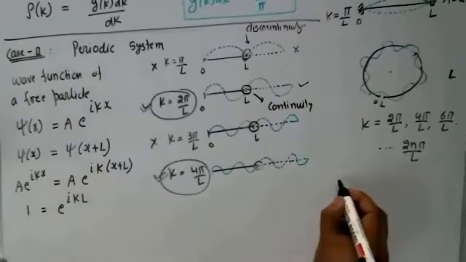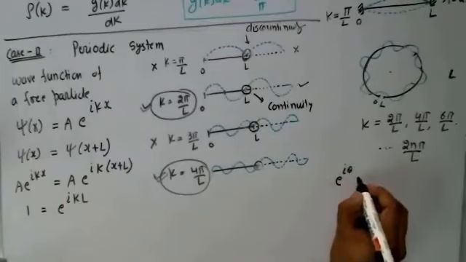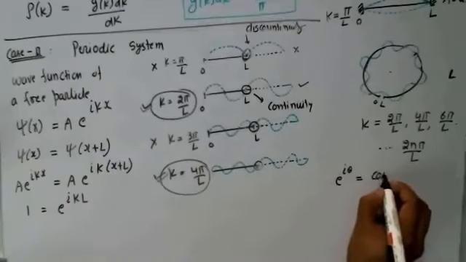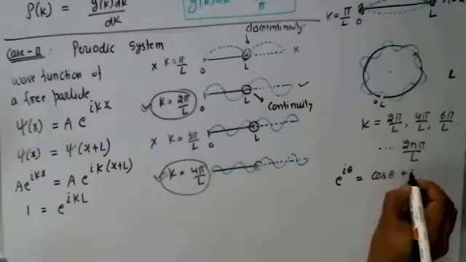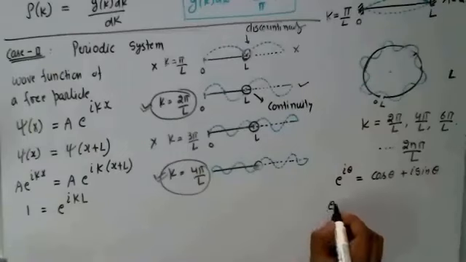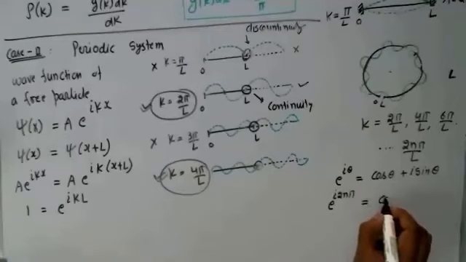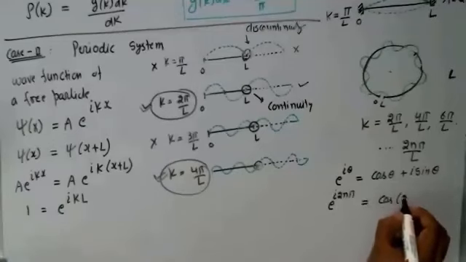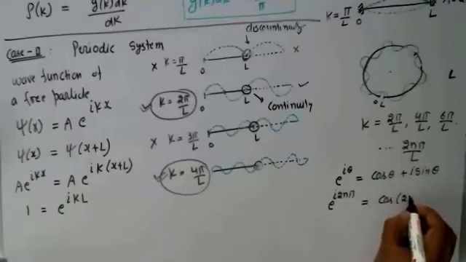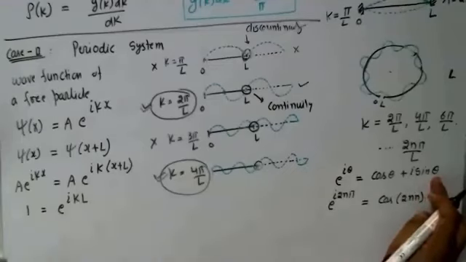Now this exponential, let us say, e to the power i theta, how do you write it? Cos theta plus i sin theta. And now e to the power i 2n pi becomes what? Cos 2n pi, am I right? Because sin 2n pi becomes 0.